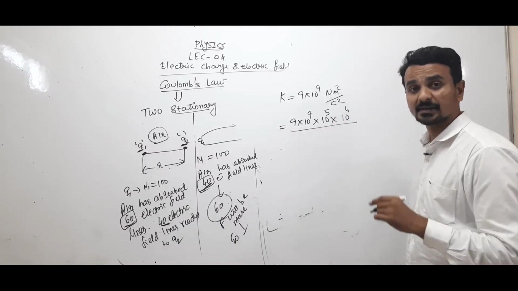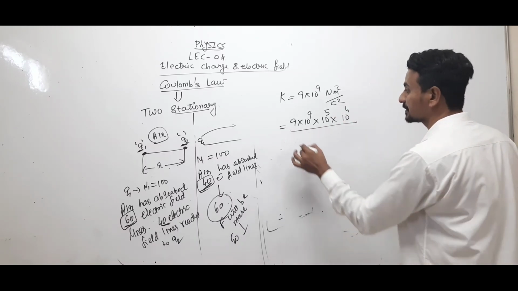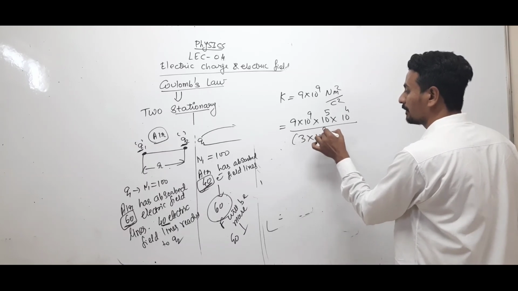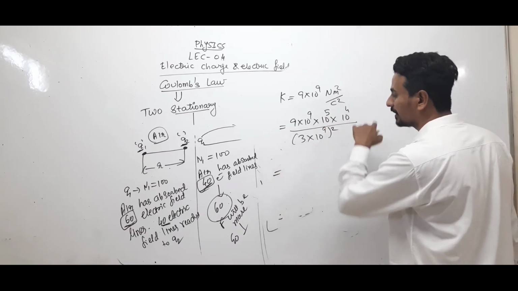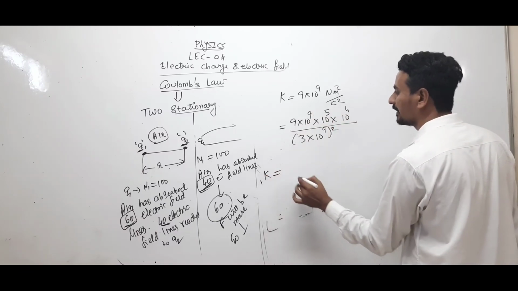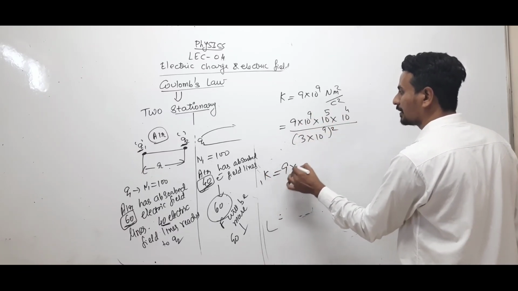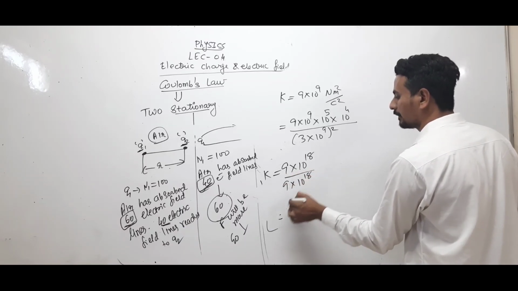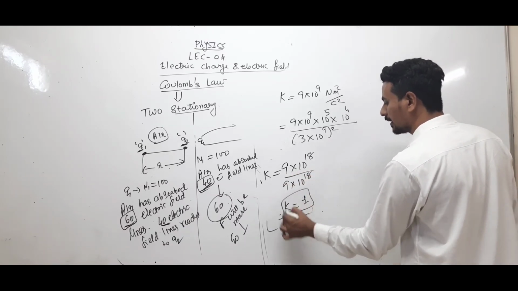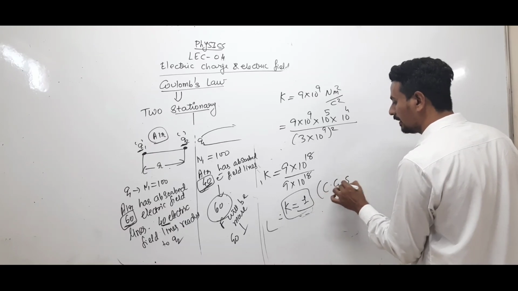Coulomb, we had discussed in the introduction video that the CGS unit of Coulomb is stat coulomb, which is 3 into 10 raised to 9, right? So this will give me the value of K in CGS. So this will be 9 into 10 raised to 18 upon 9 into 10 raised to 18. So the value of K is 1 in CGS.